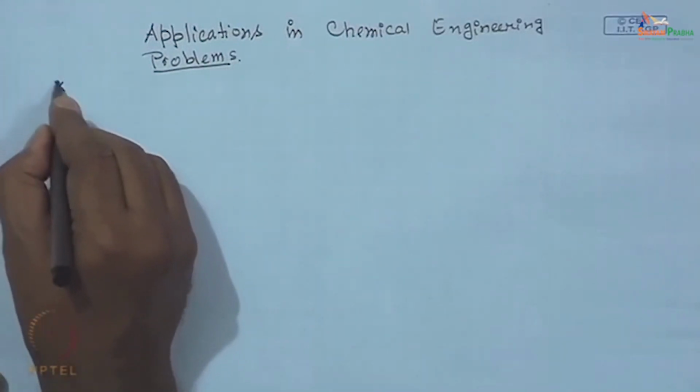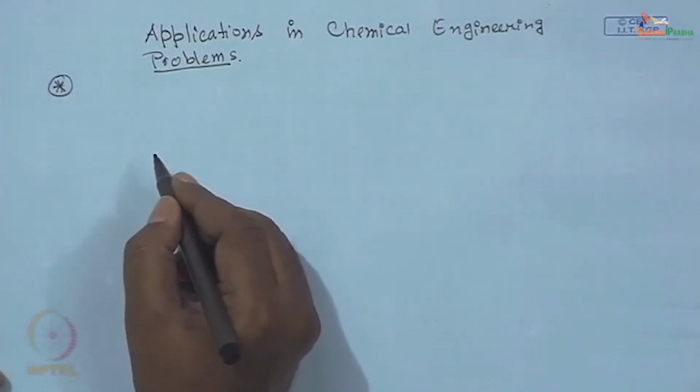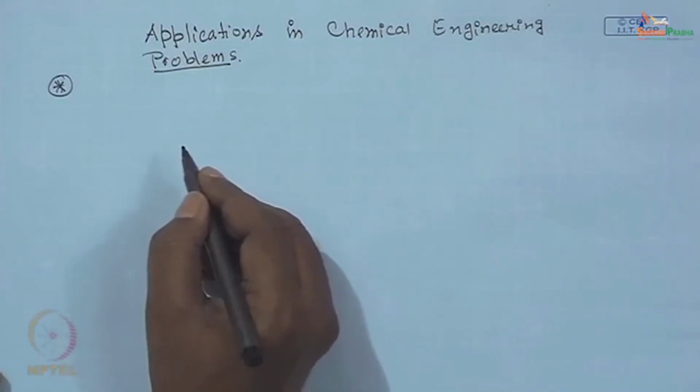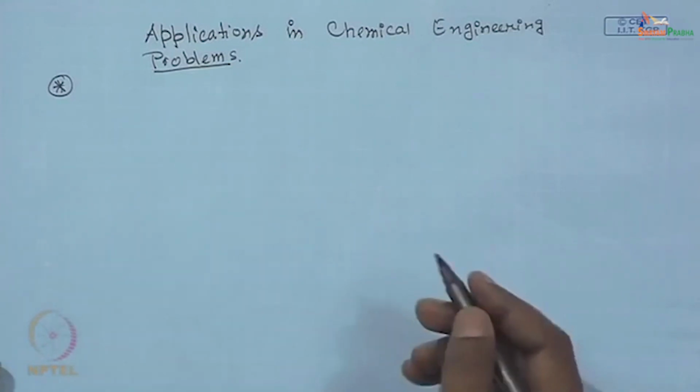The first application I will be talking about is the solution to a non-homogeneous set of algebraic equations. Whenever we write the mathematical models for any chemical engineering system, typically for a steady state problem you will land up with a set of algebraic equations. In case of transient problems you will land up with a set of ordinary differential equations.